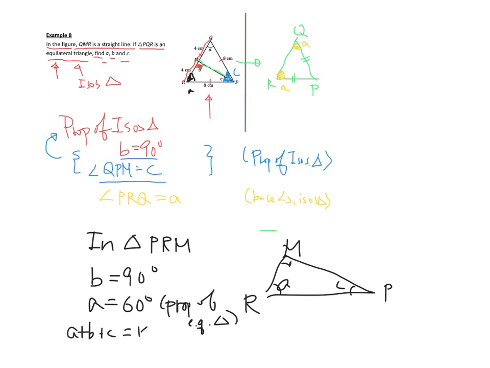It must be equal to 180 degrees. That is the angle sum of triangle. So lastly, we can find that C will be equal to 30 degrees. So when we observe this question, it has mentioned the properties of isosceles triangle and also the equilateral triangle.